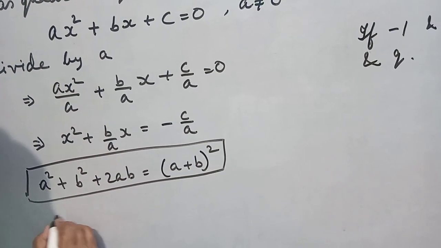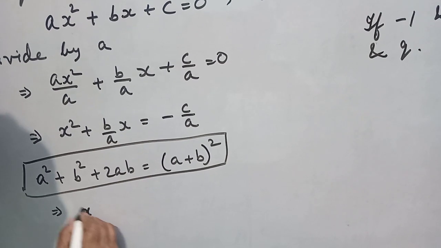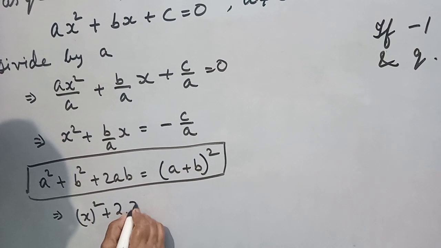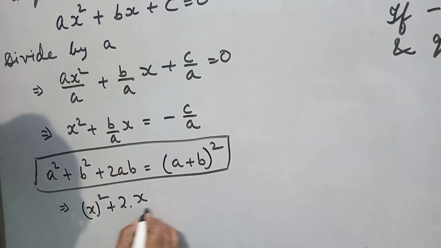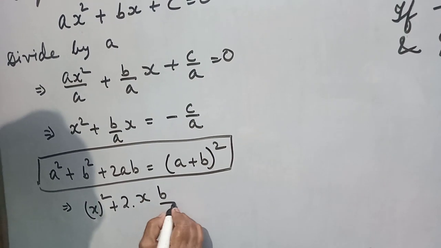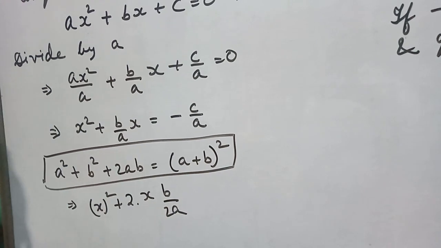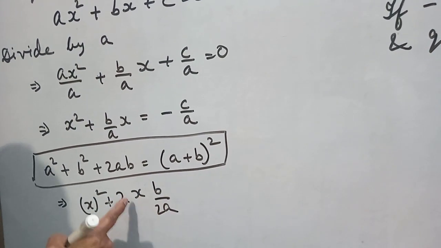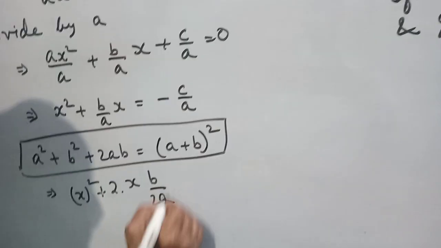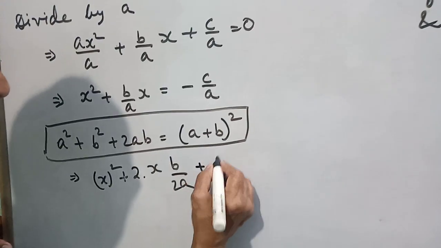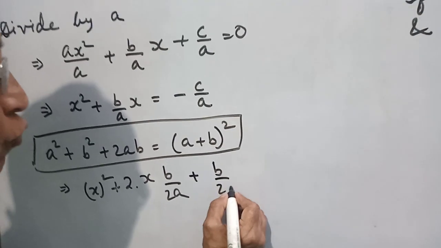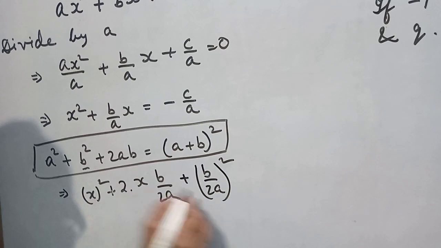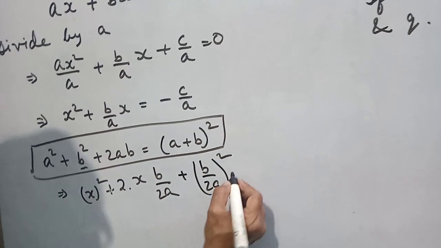Now here we have x whole square plus 2 into x into b by 2a. I can write b by 2a, so this 2a cancels, this is b by a into x. Now this b by 2a, I have to again add b by 2a whole square in order to get b square.